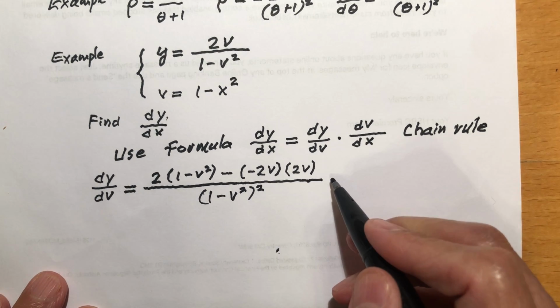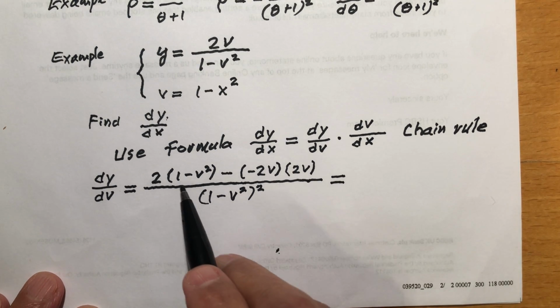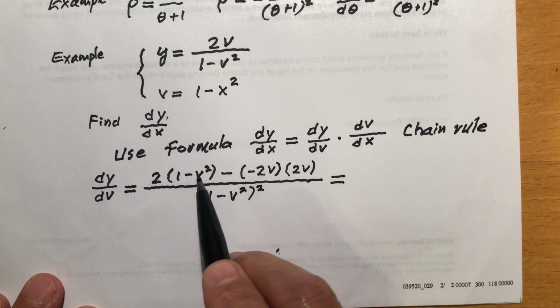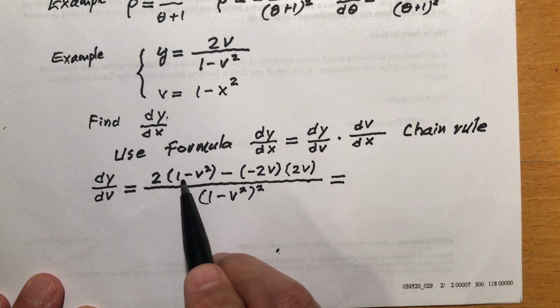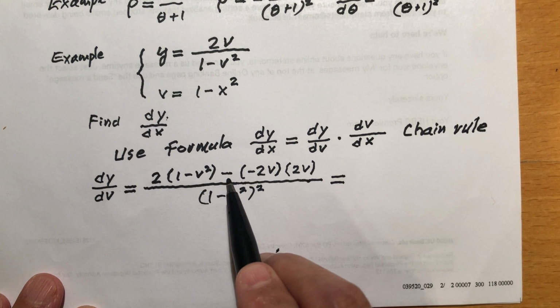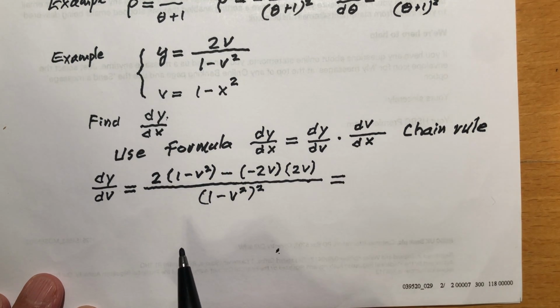Now, I am not going to write the detailed steps. You expand the top, 2 here, minus 2v squared, right? 2 minus 2v squared. And here, negative becomes positive, plus 4v squared.